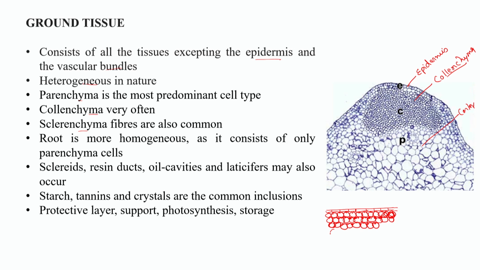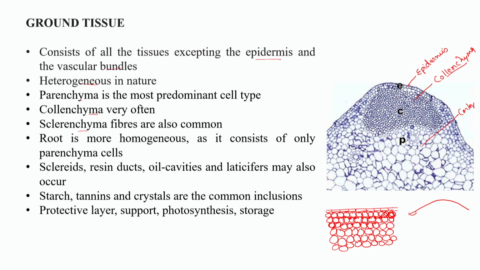Then after that you will have loosely arranged parenchyma. So this type of arrangement could also be seen in some plant parts, or you can have collenchyma in discrete patches.